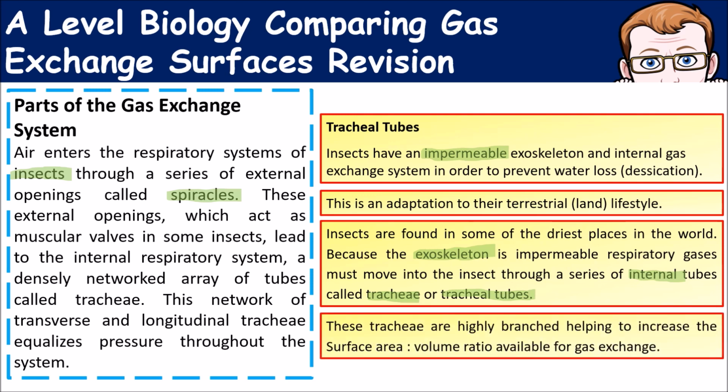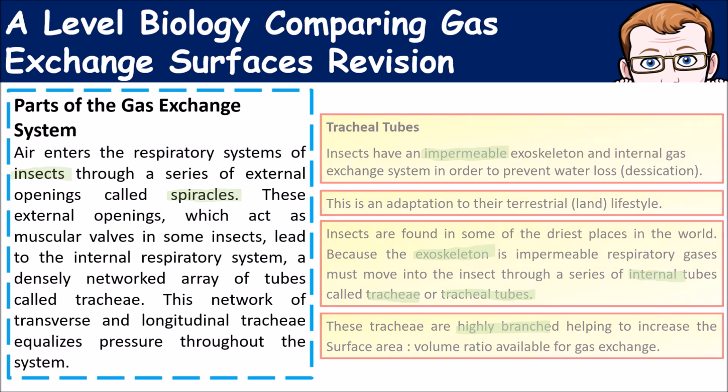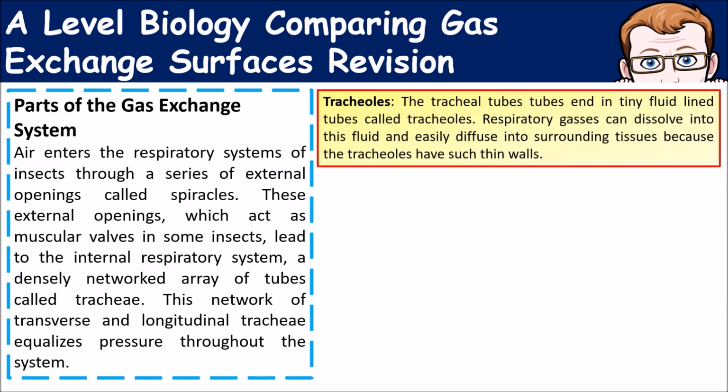These trachea are highly branched, which helps to increase the surface area to volume ratio. Remember, whenever we talk about gas exchange, we're always going to talk about surface area to volume ratio. The tracheoles are the tubes that end in tiny fluid-filled sacs. This is where respiratory gases can dissolve into the fluid and so diffuse.